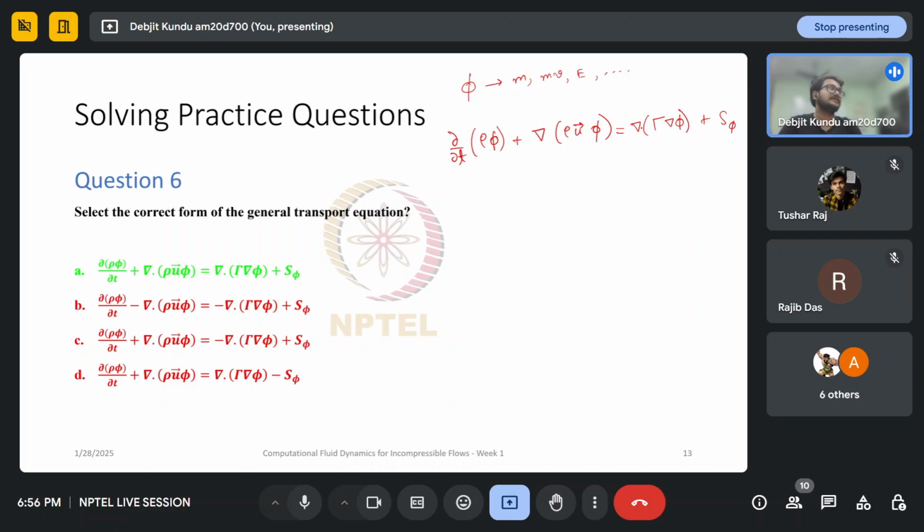So this actually comes from the Reynolds transport theorem.